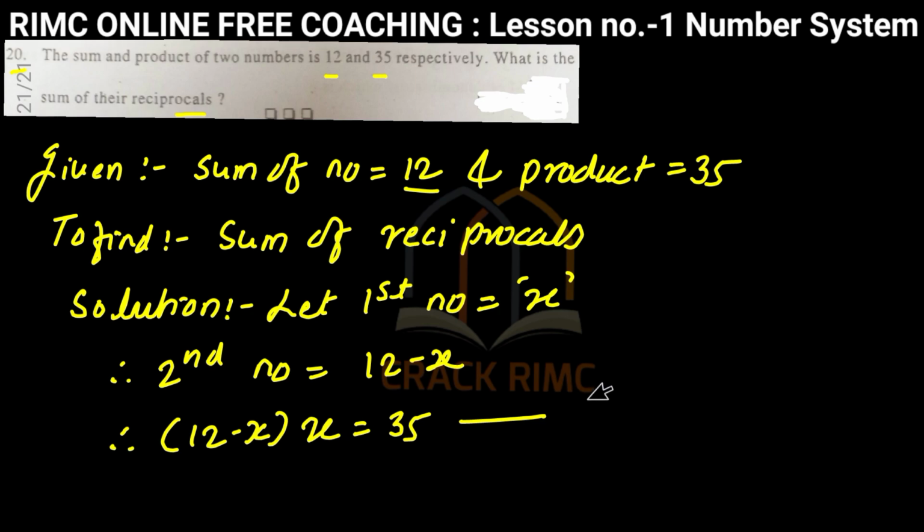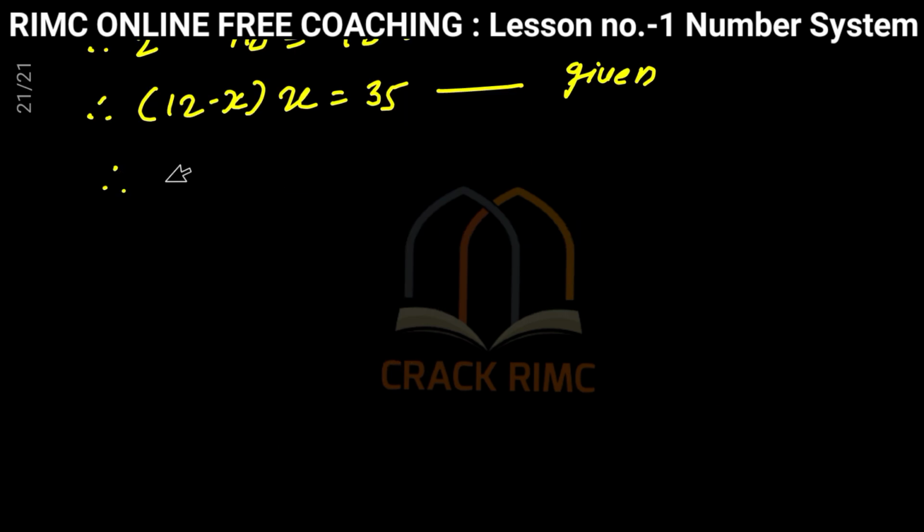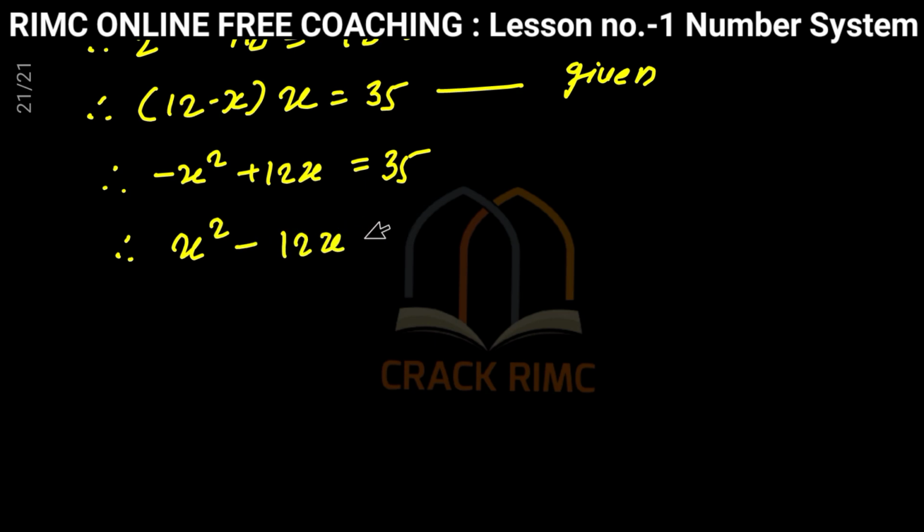Okay, so therefore minus x square plus 12x is equal to 35. Therefore x square minus 12x plus 35 is equal to 0.